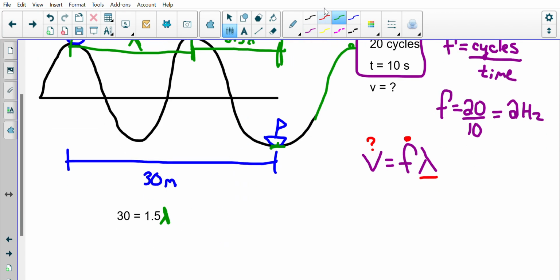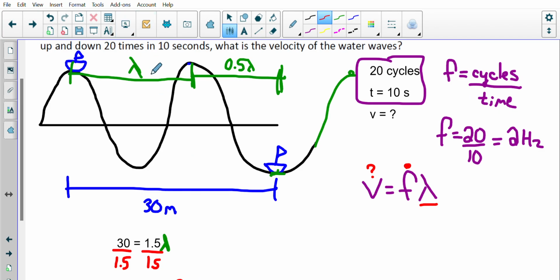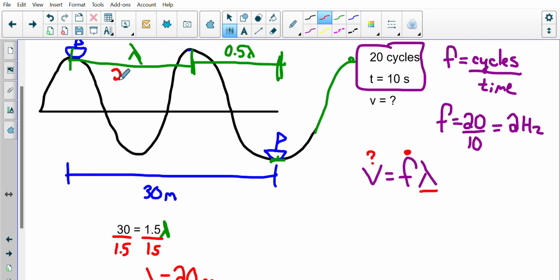And so if I divide both sides here by 1.5, I'll finally get the wavelength. 30 divided by 1.5, yeah, I get 20 meters. Which makes sense. So from crest to crest here is 20 meters, and then another halfway is 10. But that's all I need to now use my formula.